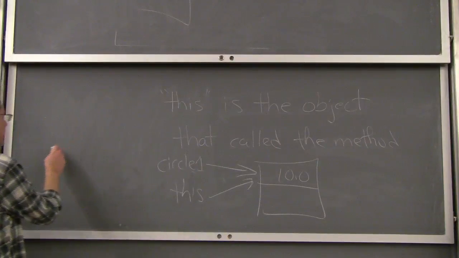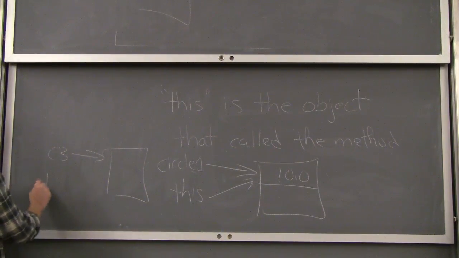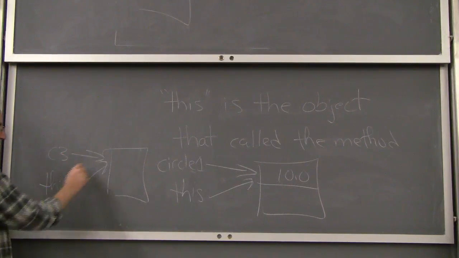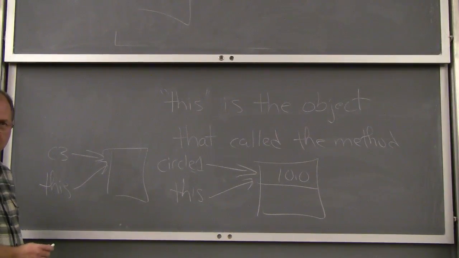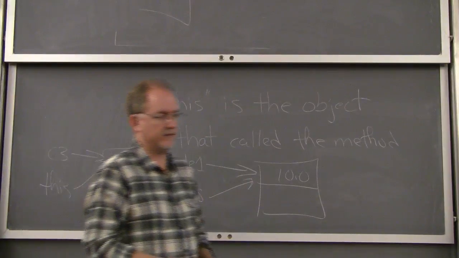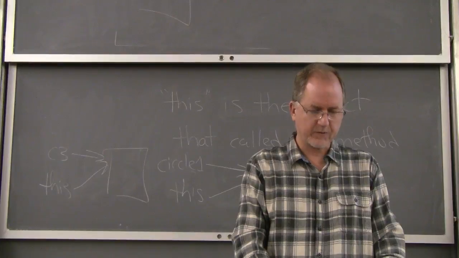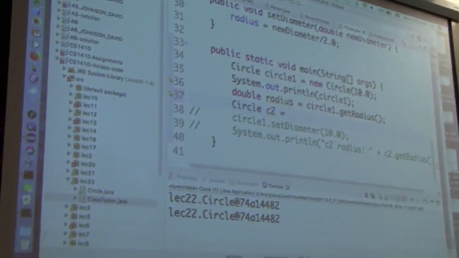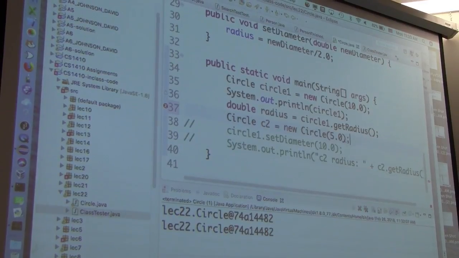If I were to call with C3, which references another object, this, when I'm inside a method called by C3, would reference the C3 object. All right? It's not stuck on one object. Whoever called the method is this. In this case, we only have one object, this one circle here, right? But, so let's make circle 2 be another new circle with a radius of 5.